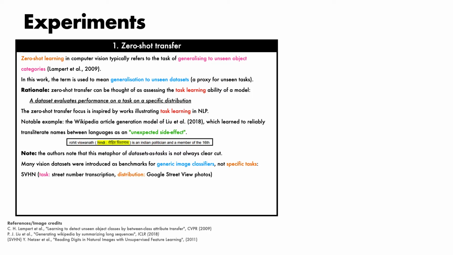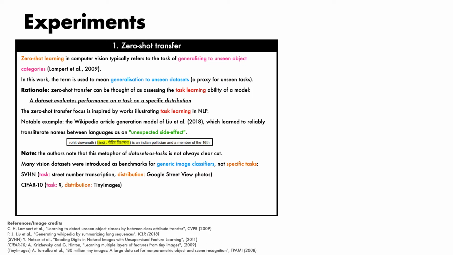While it's clear that SVHN measures the task of street number transcription on the distribution of Google Street View photos, it's less clear what the task of CIFAR10 is, even if we know the distribution of images, which are sourced from tiny images. Acknowledging this ambiguity, zero-shot transfer, as defined in this way, nevertheless offers to probe something of the task learning ability of a model.